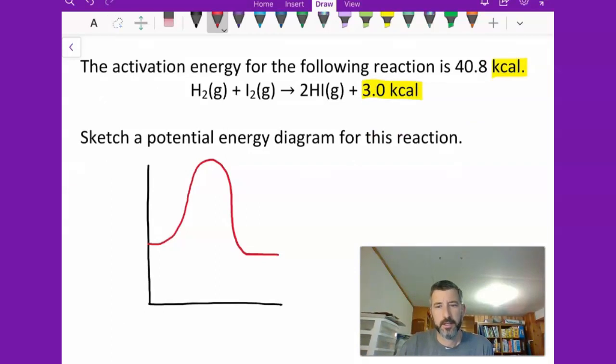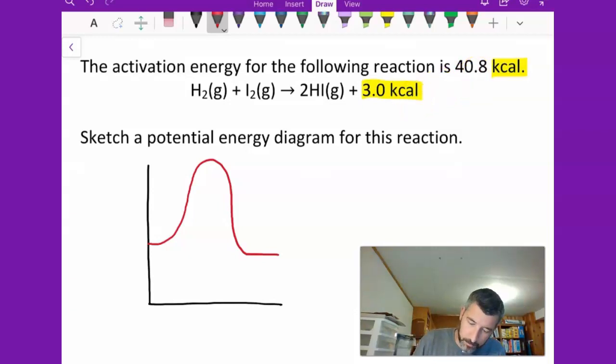Okay, here's what I drew, and let's talk about why. So this is an exothermic reaction. You can see my reactants here are slightly higher than my products, and I only did it slightly higher because there's only a difference of 3 kcal. Relative to my activation energy, the size of my hill is very large, because my activation energy was over 12 times larger than my delta H, 41 compared to 3.